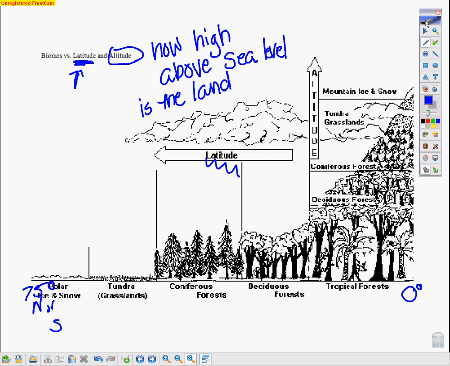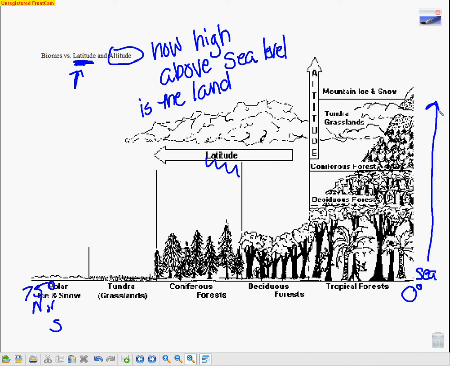And so let me minimize this over here. We're looking at starting right here. This would be your sea level. And we are going to increase that. A lot of times what you're going to be looking at is some sort of mountain situation. And what happens is as you go higher and higher up a mountain, there's some things that change.